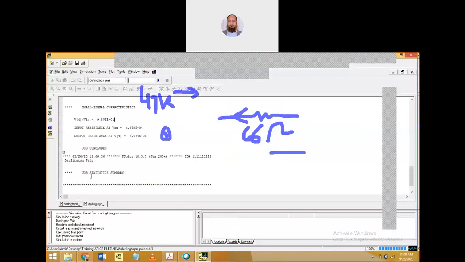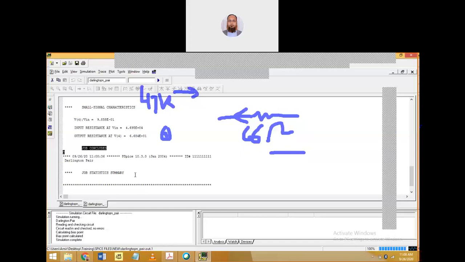So what we have seen here is the output. You can see this is V4 over Vin, the gain is like 0.98858, almost 1, and the input resistance is large and the output resistance is low. Here it is written. This is different from the normal analyses we have seen: AC, DC and transient analysis.